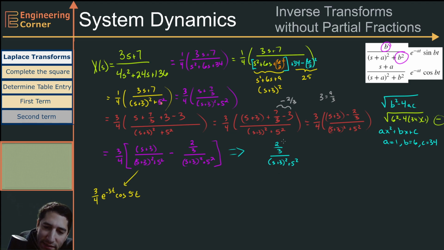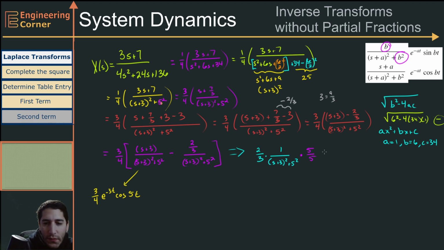So I need to get this top term to be equal to a 5 for me to work with this entry. So what if I multiply this by 5 over 5? That's multiplying it by 1. And what if I factor out this 2/3? So instead of 2/3, I just factor out, right? I take the 2/3 out of that equation. So I have 1, and then I have 2/3 times that.